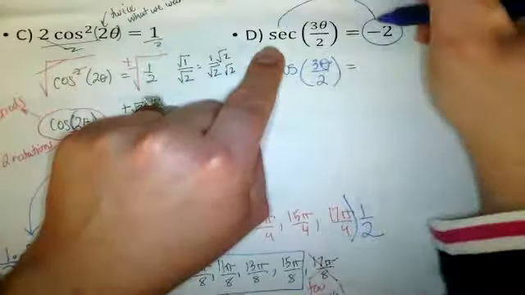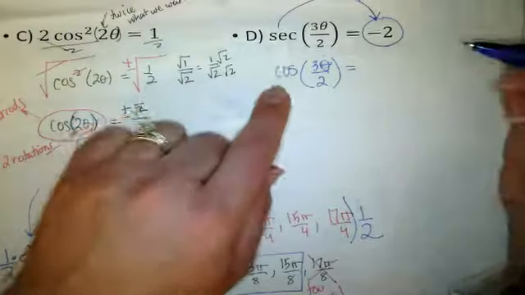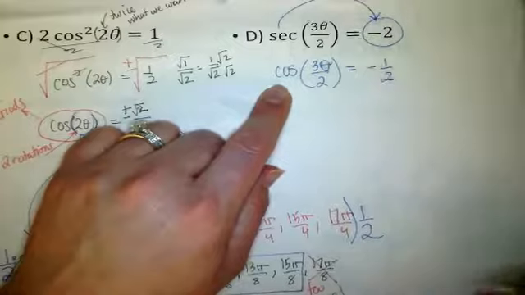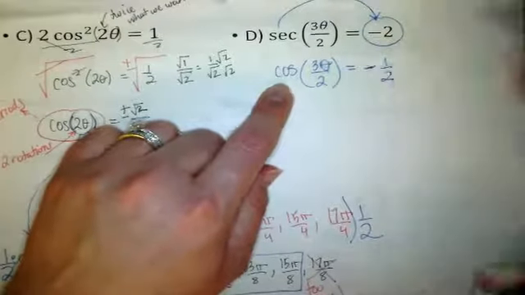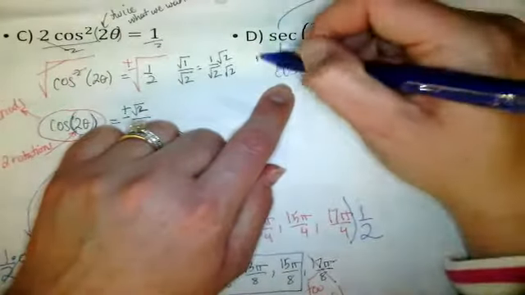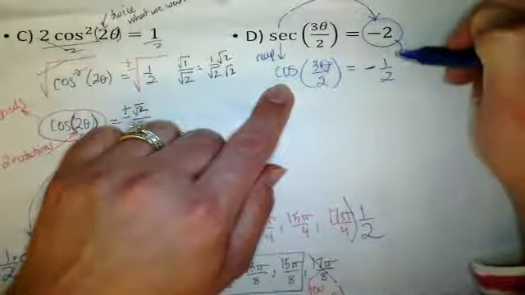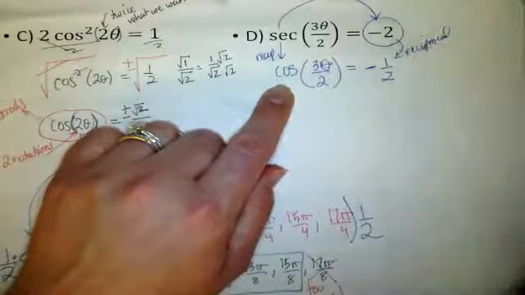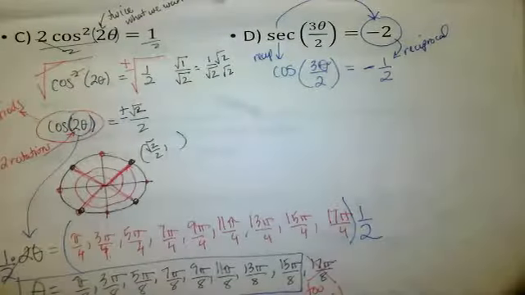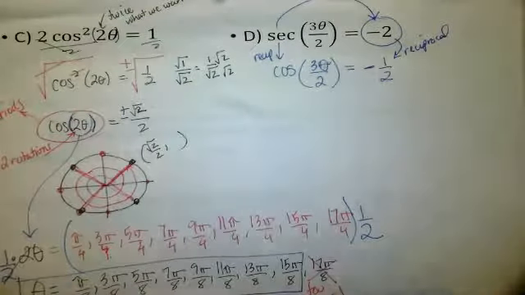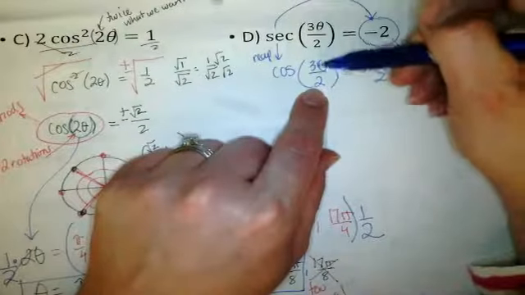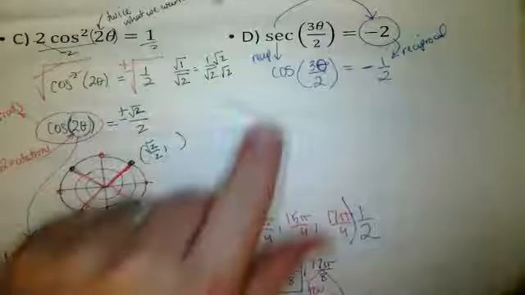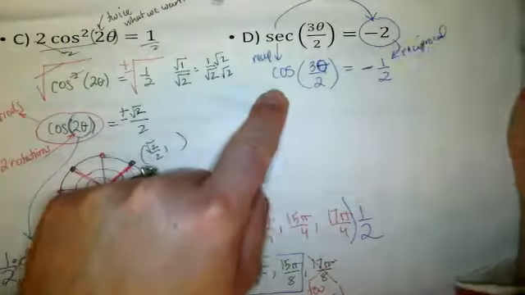If secant is -2, what's the cosine ratio going to be? -1/2. Yes. So all we have to do if we're using the reciprocal function is take the reciprocal of our ratio there. I didn't flip anything inside here. Now we can go to our unit circle since cosine is isolated already.